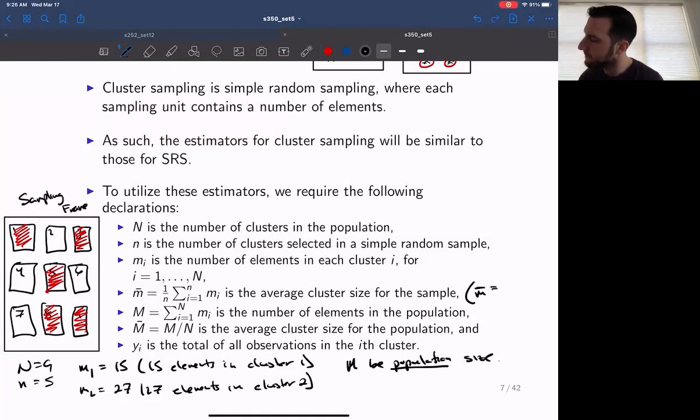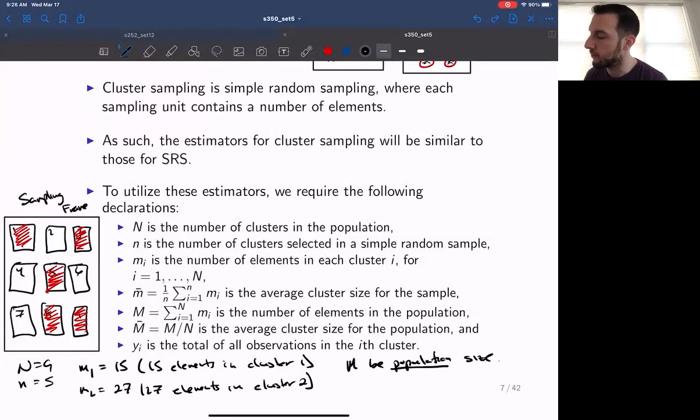Actually, I'll just leave that one as it is, just to not overcomplicate it. But you can see little m bar is the average cluster size across all of the selected clusters. Capital M bar is the average cluster size for the entire population.